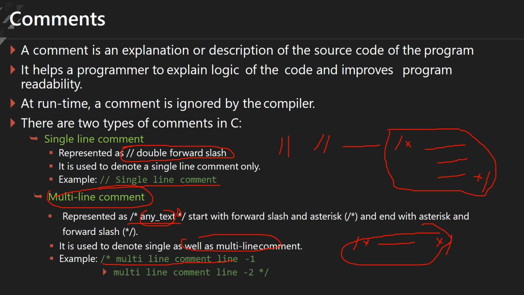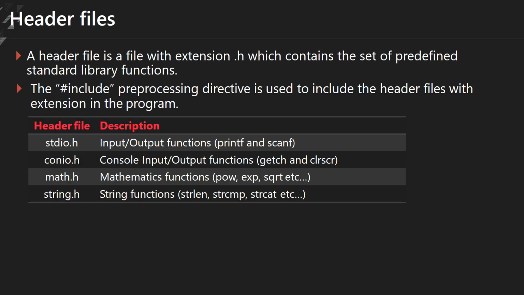Let's move to the next topic, header files. Obviously any program starts with the header file after comments. What do you mean by header? Header is nothing but a preprocessor, right?